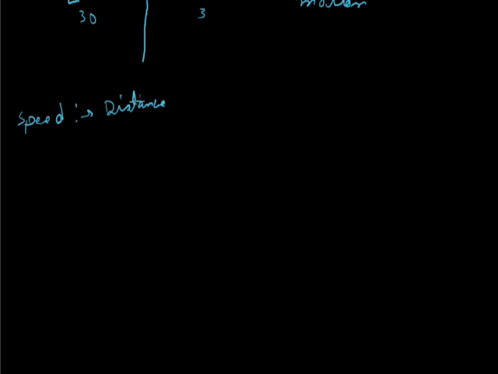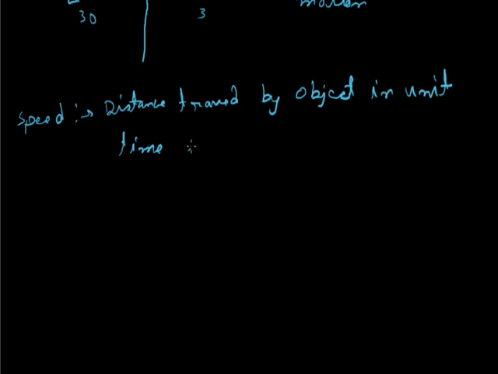We say distance traveled by an object in unit time is known as speed. Very easy to understand.